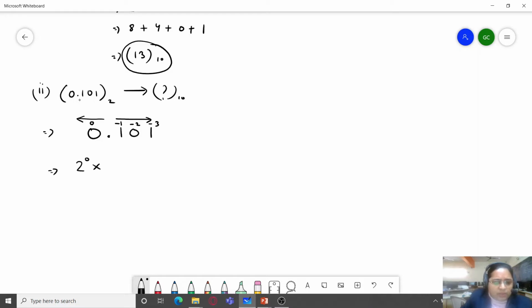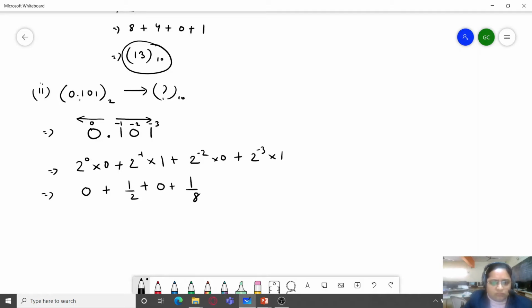Now we would raise them to the power of 2. So we get this value over here.